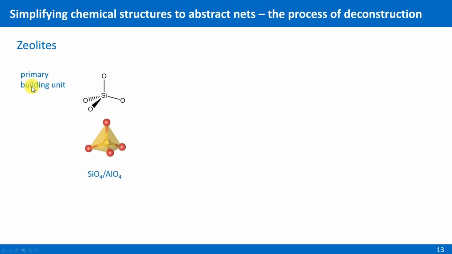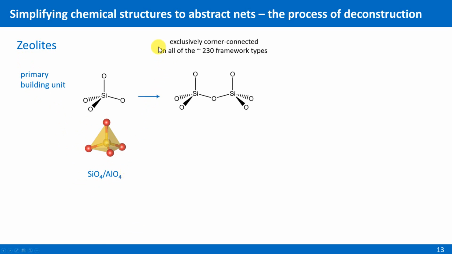The first example is about zeolites, and the reason for this is that topology has a relatively long tradition in this field. The primary building units of all tectosilicates are, of course, such silicon or aluminum oxygen 4 tetrahedra. The interesting thing about zeolites is that all zeolites are built exclusively from corner-sharing tetrahedra.